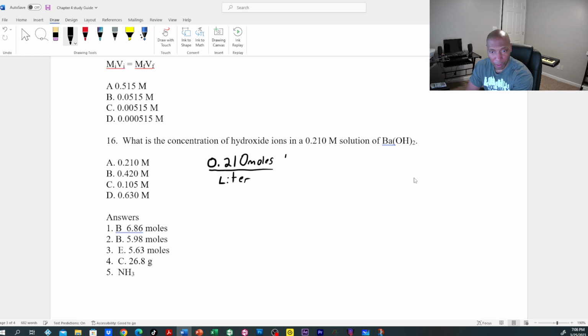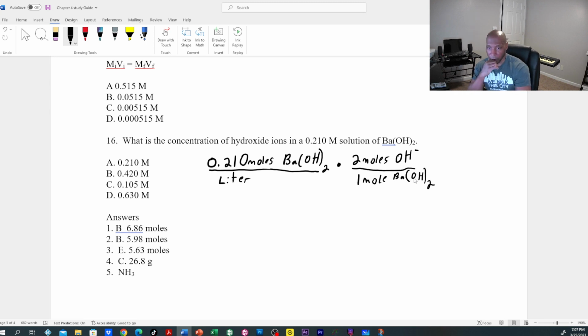So I'm going to say 0.210 moles per liter of barium hydroxide times, okay, now notice we have moles in the numerator, so I can use 2 moles of OH minus for every 1 mole of barium hydroxide.